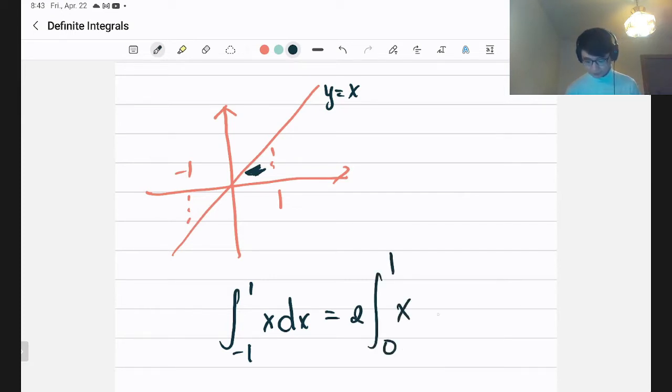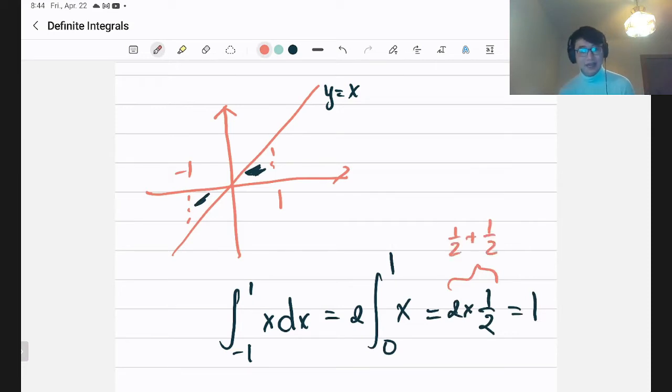If I remember correctly, that is equal to 1, so both sides together have an area equal to 1. Another interpretation is that it's 2 times 1/2, which is equivalent to a half plus a half.